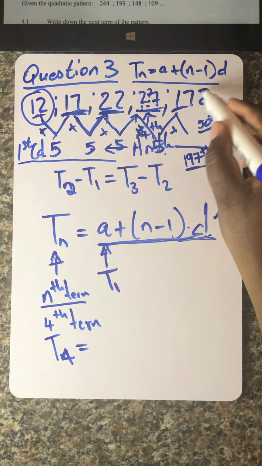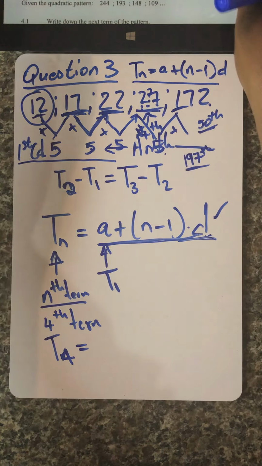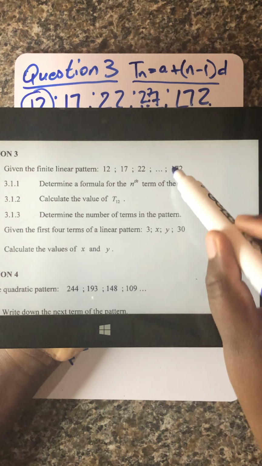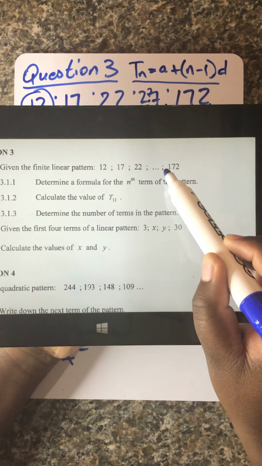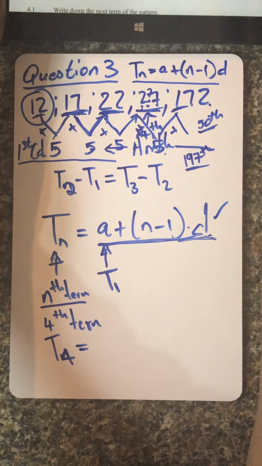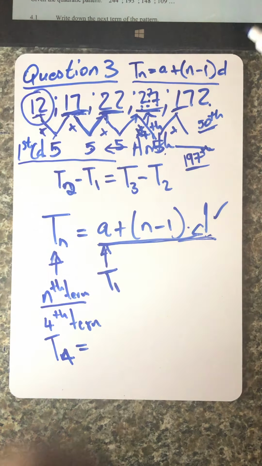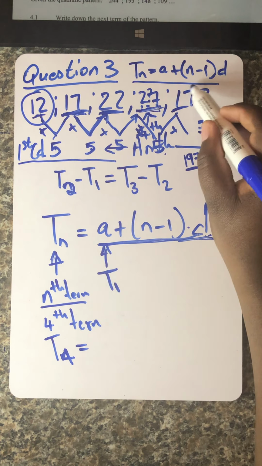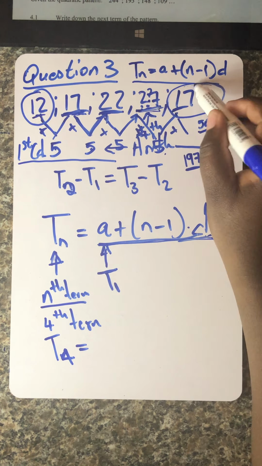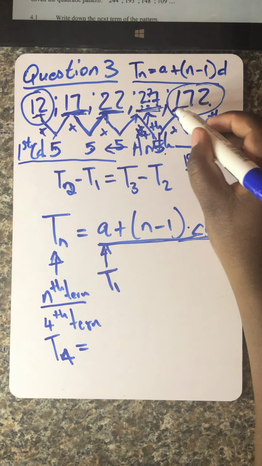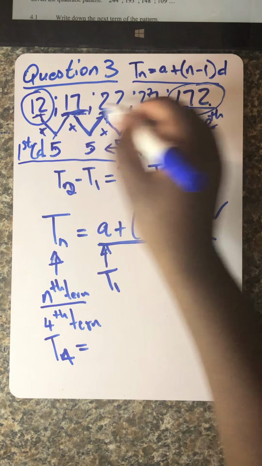But because we had those 3 dots, not sure if you still remember, guys, it means we've got some numbers in between up until 172. Because we've got some numbers in between, we cannot tell what term it is. So we can make use of this formula to know what term of this pattern it's 172.